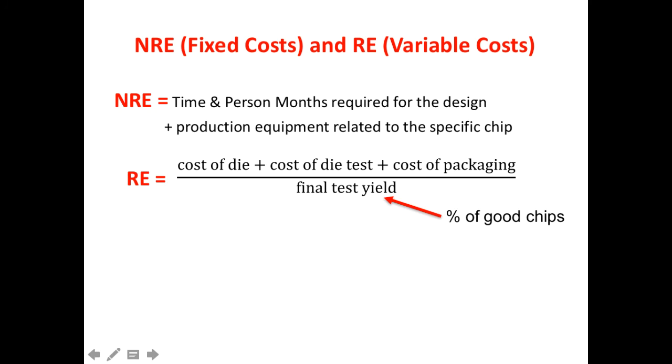Then the other important part is that you have to divide this cost by the final test yield. The final test yield is a number between 0 and 1, and it's basically the percentage of chips that after the test are actually working. Okay?